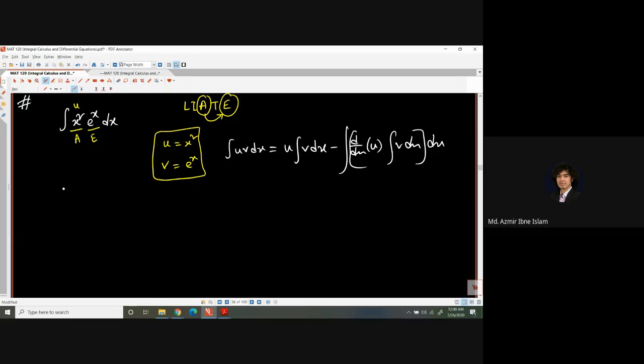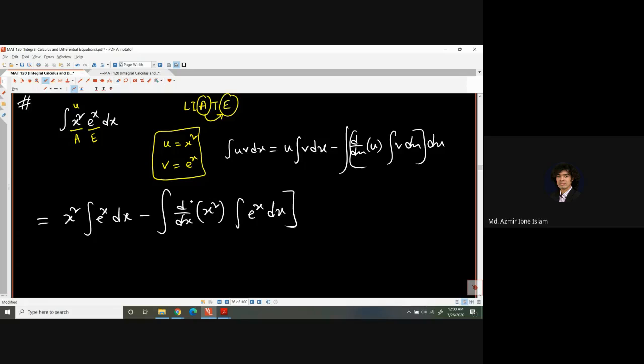Okay, so here let's try to solve by this way. U is x squared, so x squared e to the power x dx, negative differentiation of u, u is x squared, integration of e to the power x dx, and total integration.